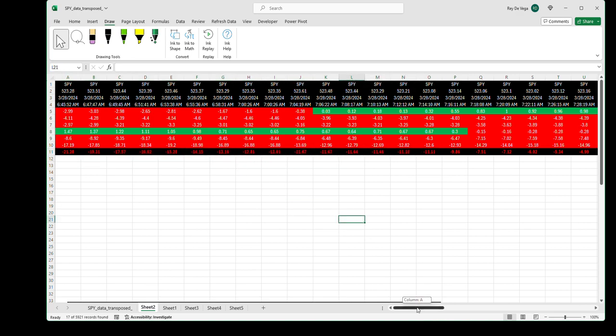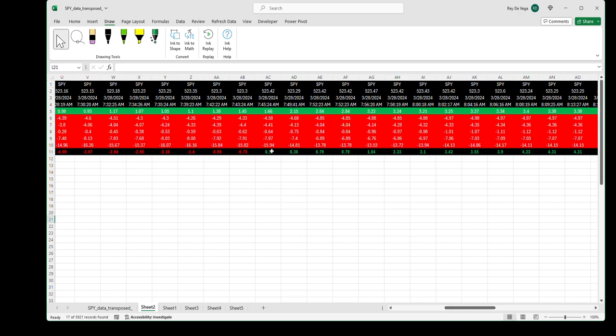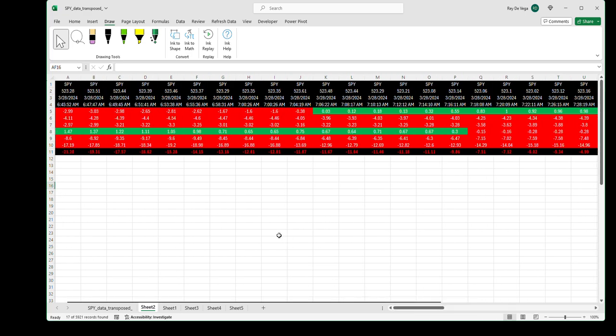And the positive values represent calls. If it's above zero, meaning a positive number, that's calls, meaning calls are stronger. If it's below zero, meaning a negative number, that means puts are stronger.